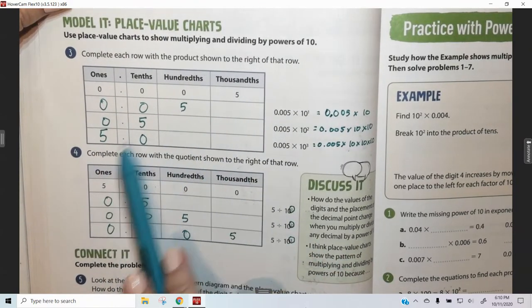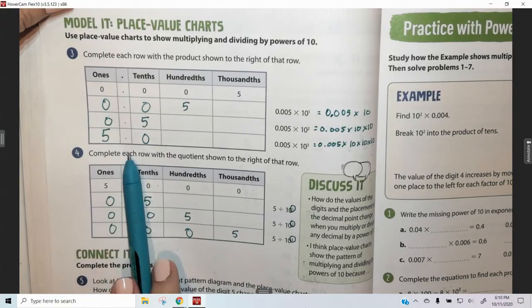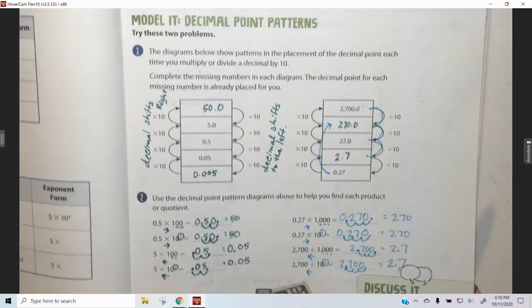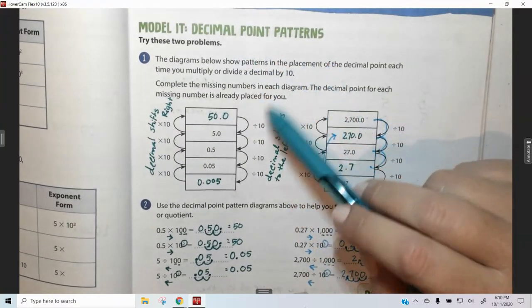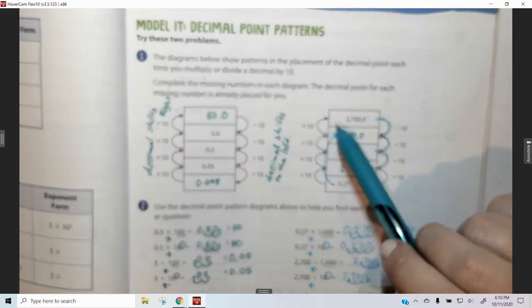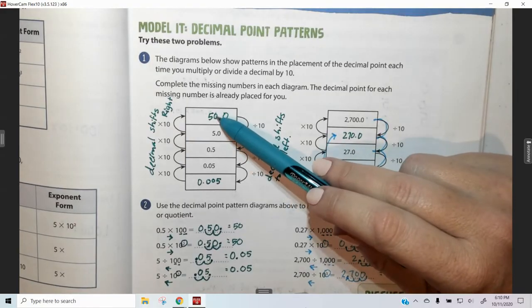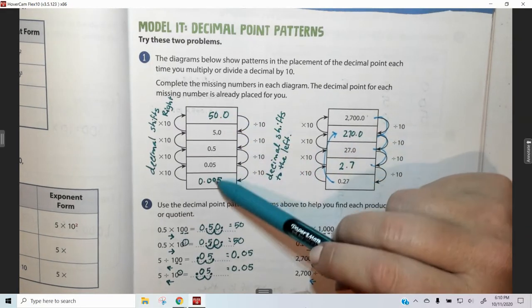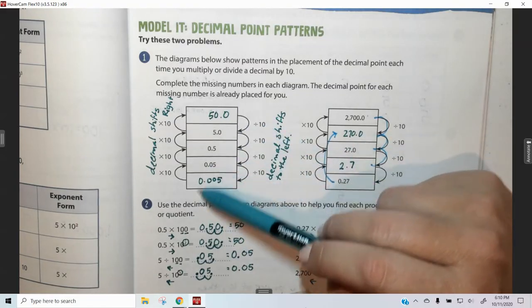This 5 is what continues to move. The decimal point stays the same. In the decimal point pattern, the decimal point moves, but in this one we're really looking at the pattern of the decimal points.